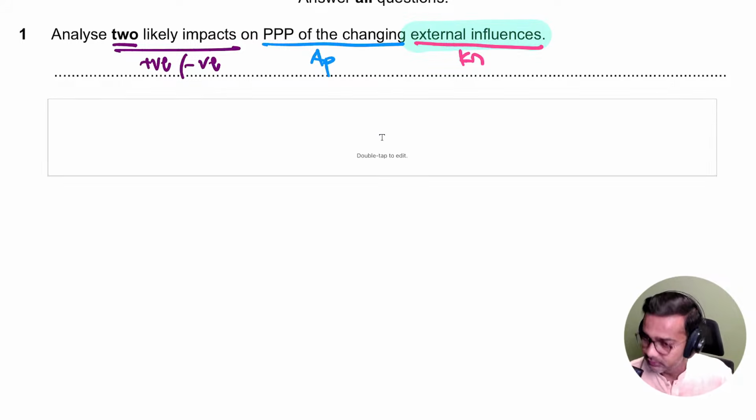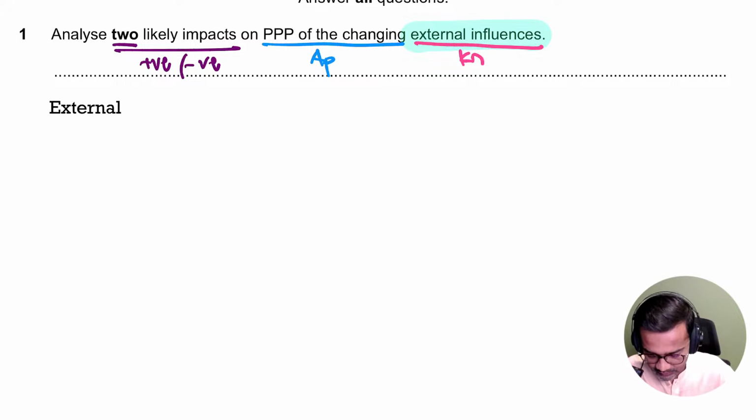All right. So, like I said, you can start with the definition. I will put 1 here, but it will only get you 1 mark. We need to obviously get the other things right as well. So, external influences. Obviously, the thing that you've identified as knowledge is what you explain here.